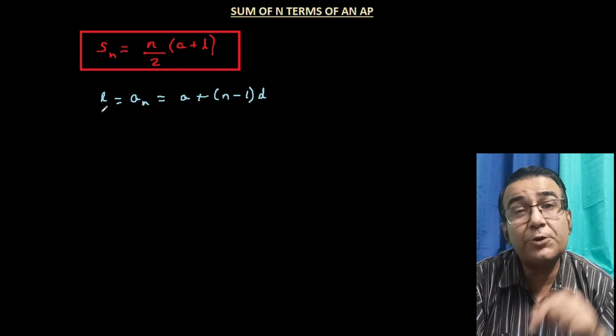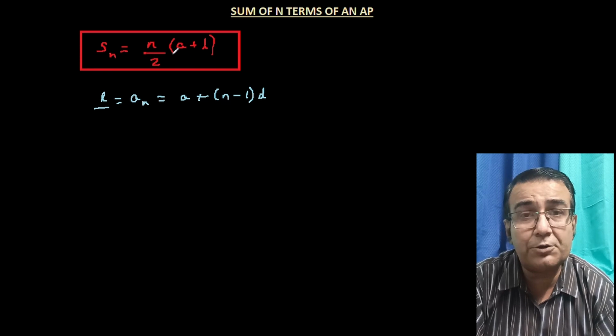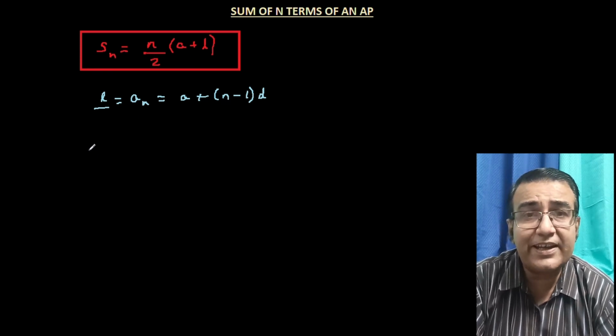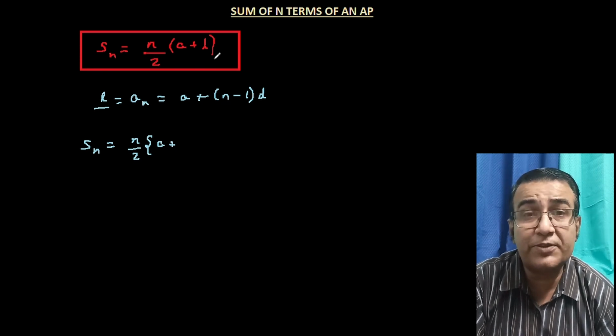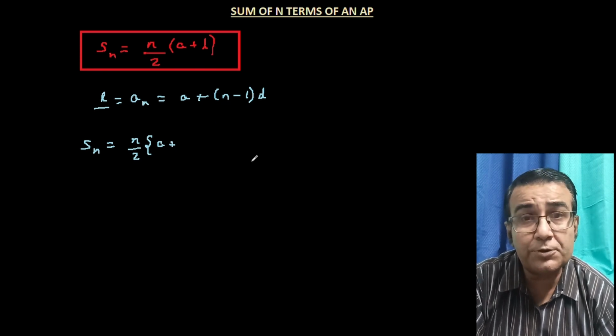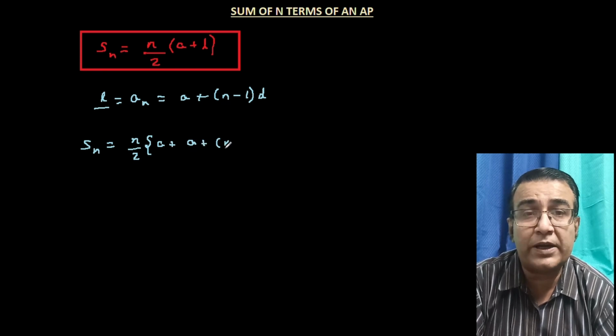If we substitute this value of L back into the first equation, we can say that Sn, the sum of n terms, is n over 2 times a, the first term, plus, instead of L, the value a plus n minus 1 times d.